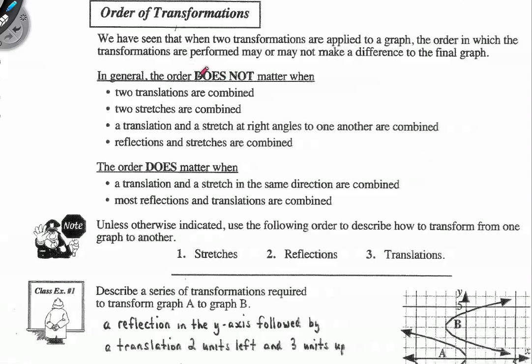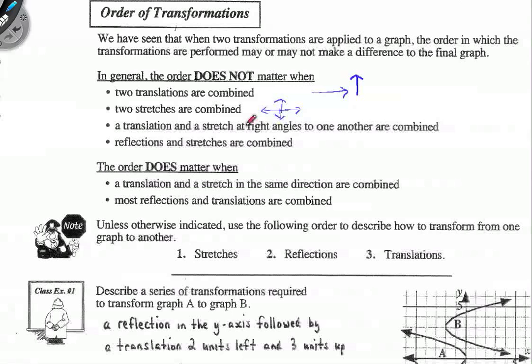So in general, the order does not matter when 2 translations are combined. So things like going this way followed by this way, or whatever way it might be. Or when 2 stretches are combined. So it doesn't matter if you're stretching up, stretching sideways, such as this. It doesn't seem to matter.